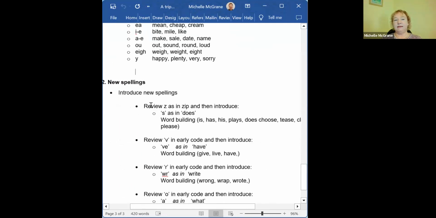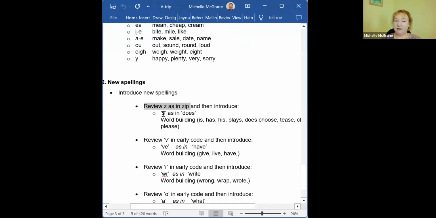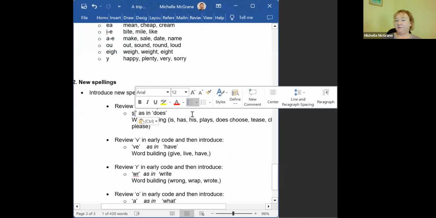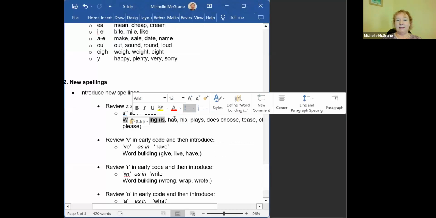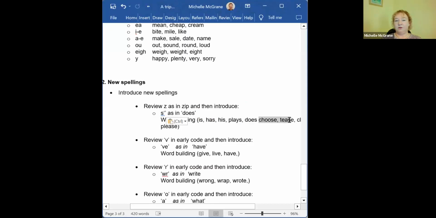So, for example, I might say to the learner, you know that the letter Z is a spelling for the sound Z. But sometimes this one, and I'll write the S on the board, is a spelling for the sound Z also. And then we will make words like is, has, his, depending on their level. We might go a bit further: choose, tease, please.